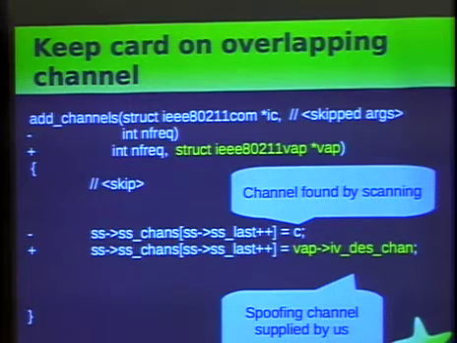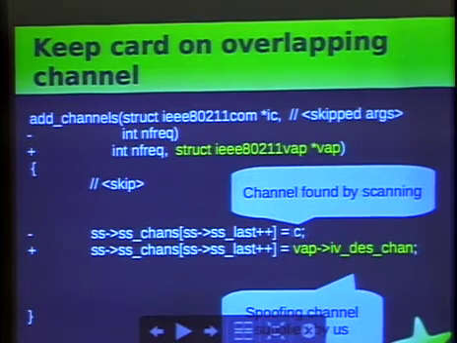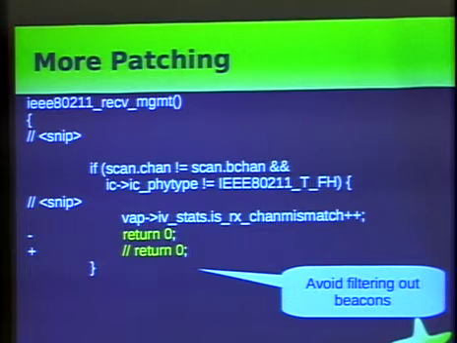And there is a place in the kernel, in the driver, that figures out the channel on which the access point with which you're going to associate is, and it fills it in from the scanning results when it's looking for the stronger signal. And what we are going to do in our driver, of course, is override it, because otherwise we won't be able to occupy these two adjacent channels.